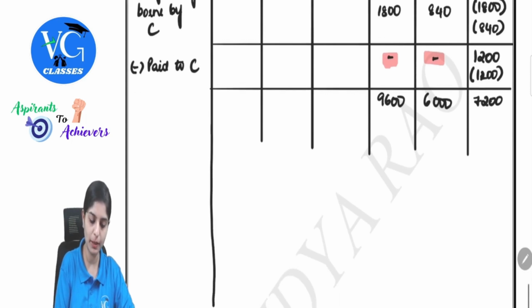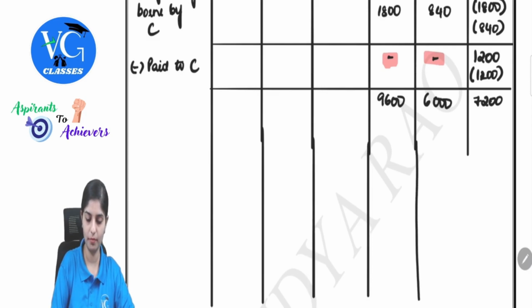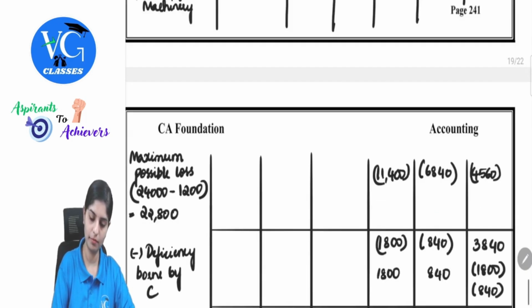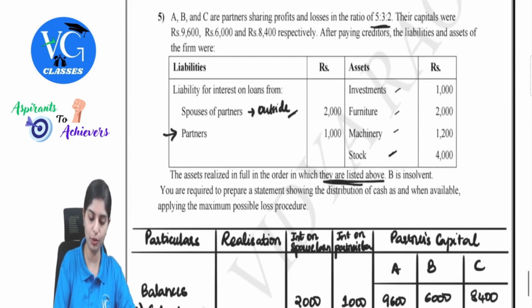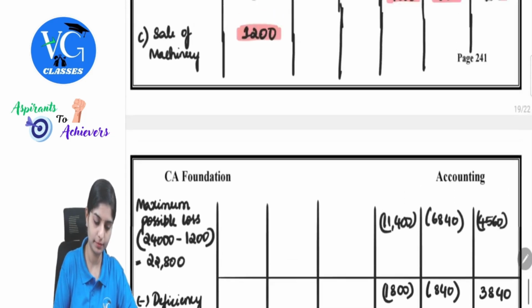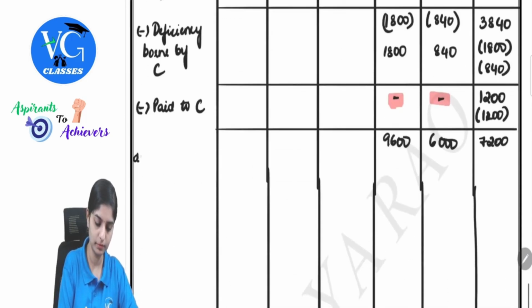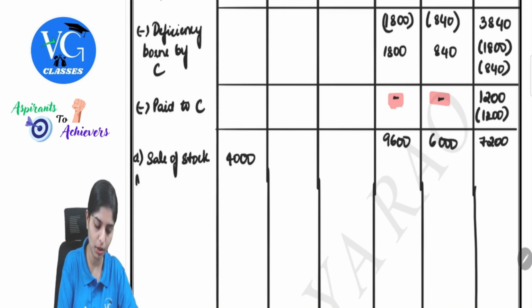So this was with respect to the sale of machinery. Further, we have stock sold at 4,000. We will have to follow the same steps. Sale of stock, 4,000. First we find the maximum possible loss.